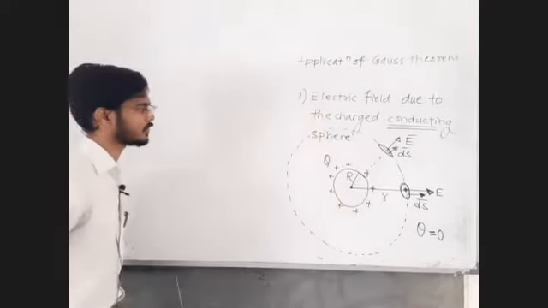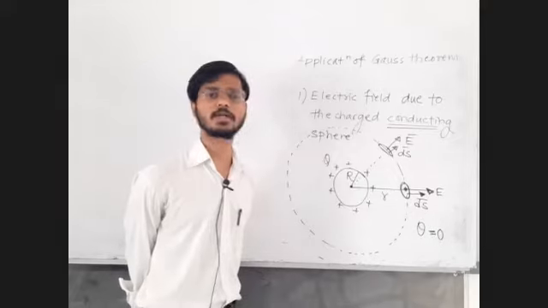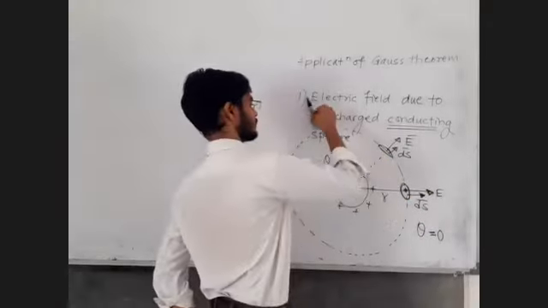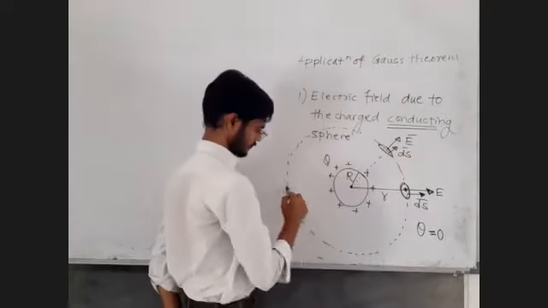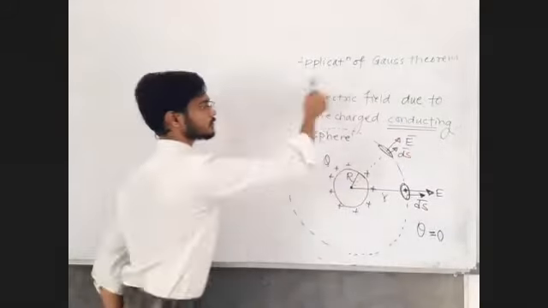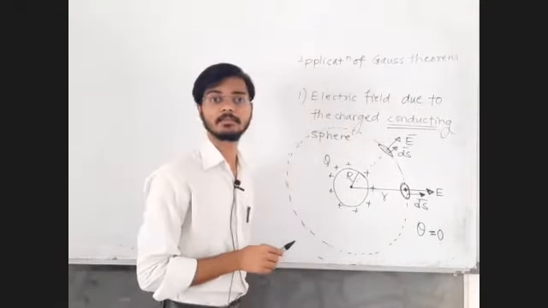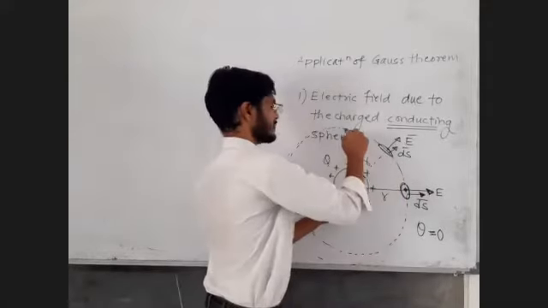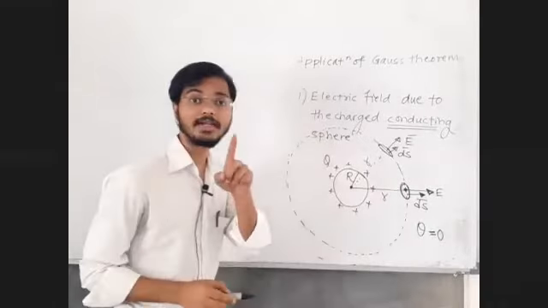Now, because of the symmetry of the system, the direction is away from the center at each and every point on this Gaussian sphere. The direction of the electric field will be away from the center, but the magnitude will be the same. This distance is small r, this distance is small r, this distance is small r. The magnitude will be the same.